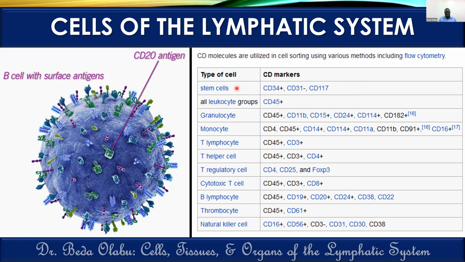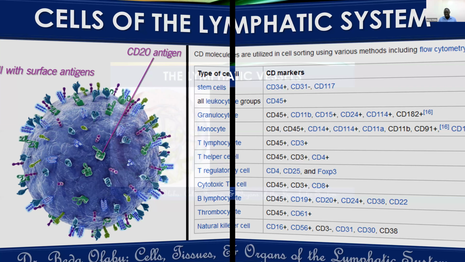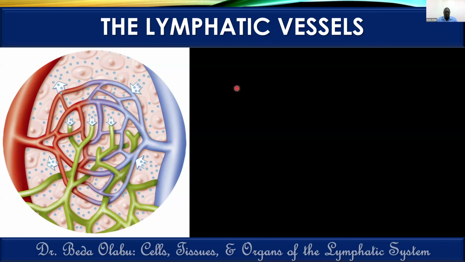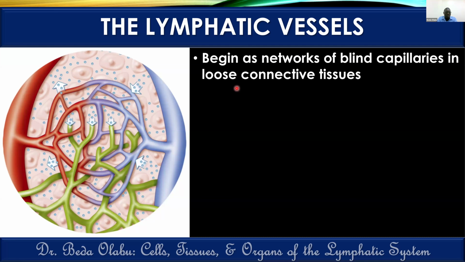All right, so those are white blood cells, but let's talk about lymphatic vessels. So what are lymphatic vessels? I told you that when blood or fluid leave the capillaries to go to the tissues, the fluid may go back to the capillaries at the venule end, the venous end of the capillaries, and then enter into veins.